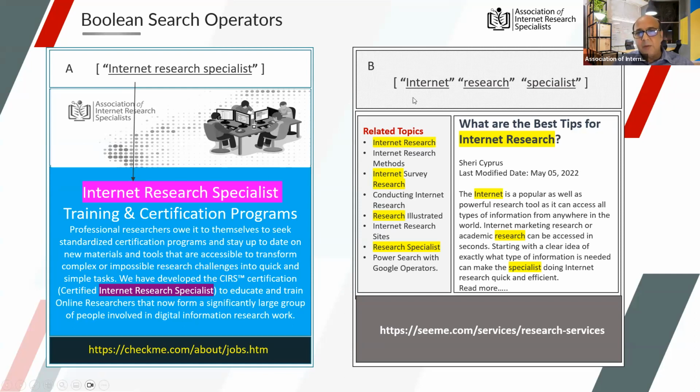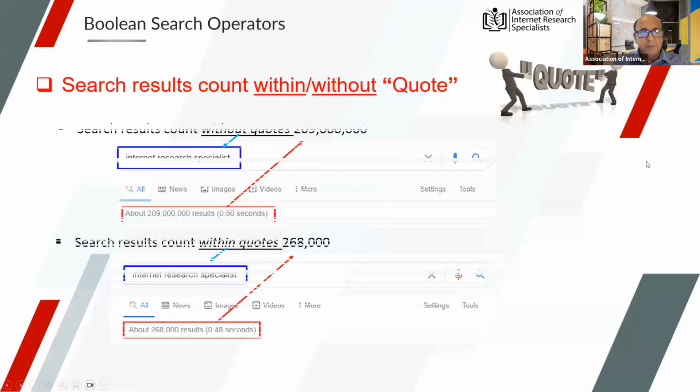And if you compare it with putting the query with the three words individually placed within quotation marks, the impact would be, as you can see where the arrows are taking you, that the words are there and definitely will appear in the search results, but the placement would be different, or they can even come in combination, like research specialists taken out and combined together. So these are the two effects of how you use the quotation marks.